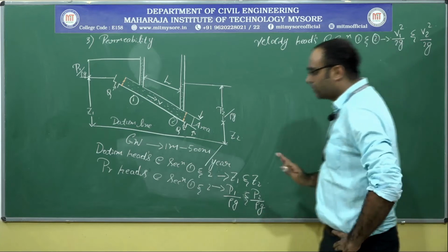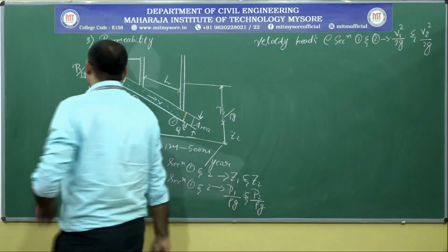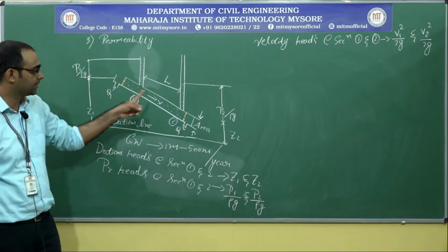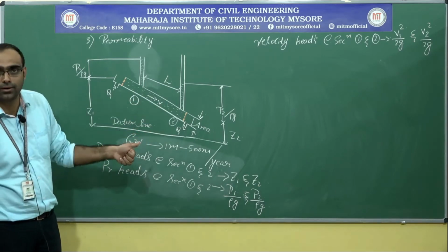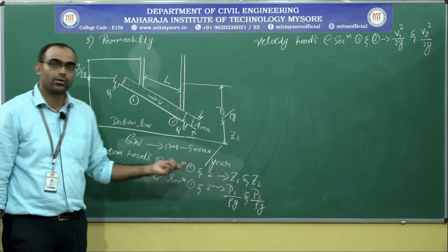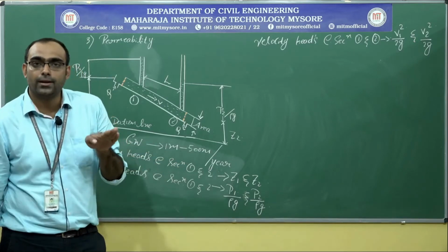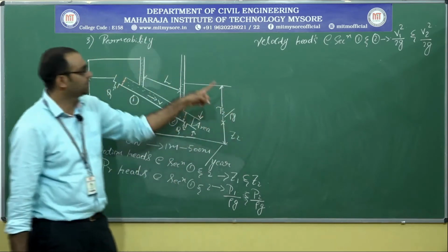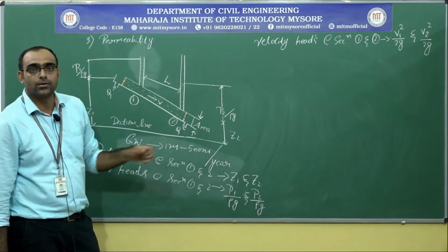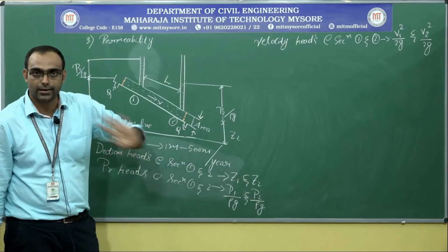I have not represented the velocity heads at section 1 and section 2 because, as I told you initially, the velocity of the groundwater is very low as it moves very slowly. That is why I have not represented the velocity heads here, because we are going to neglect them.